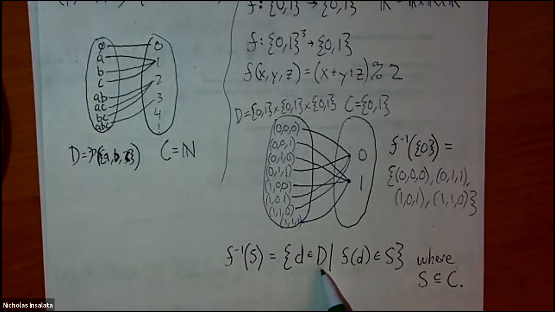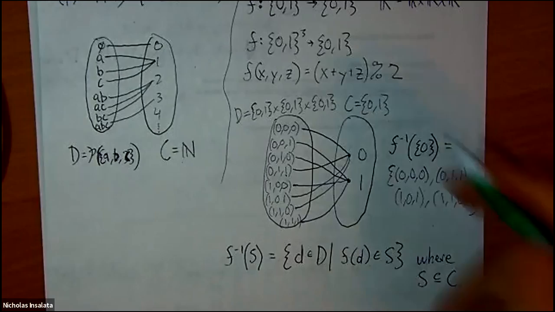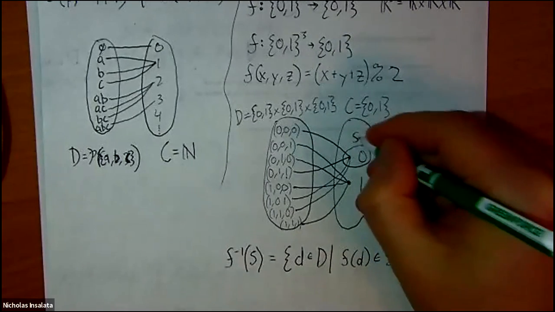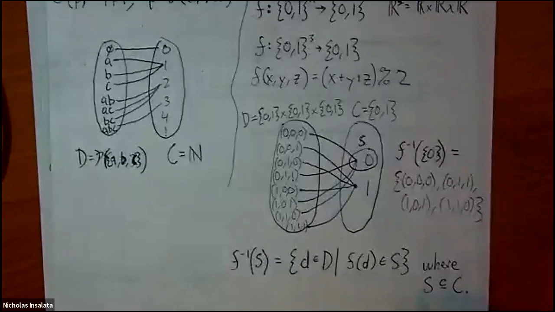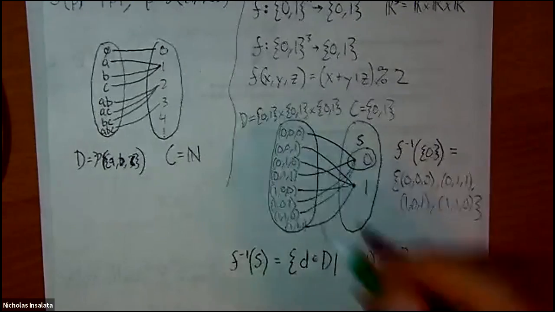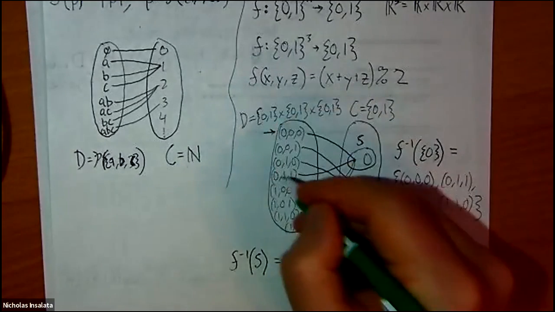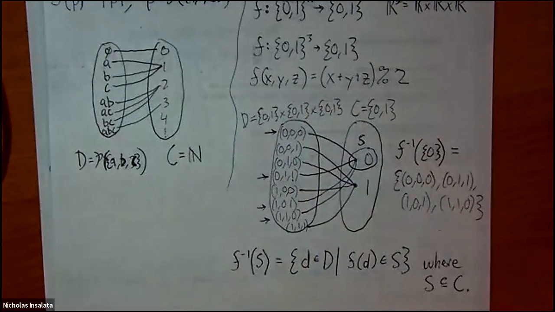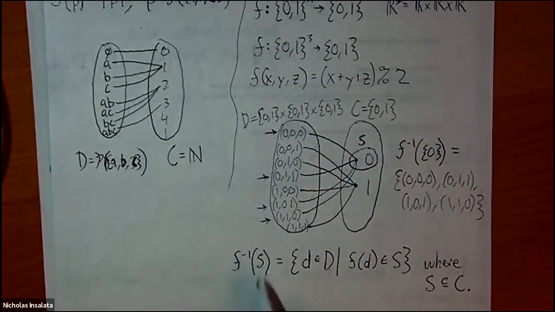It's all the things in the domain that map to S, right? Or, just as an example, here's my codomain, here's my set S, which is a subset of the codomain. And these are going to be the ones that map to it, right? So those taken together would be my inverse image of S. Does that make sense, Haruka? And anyone else have questions on that?